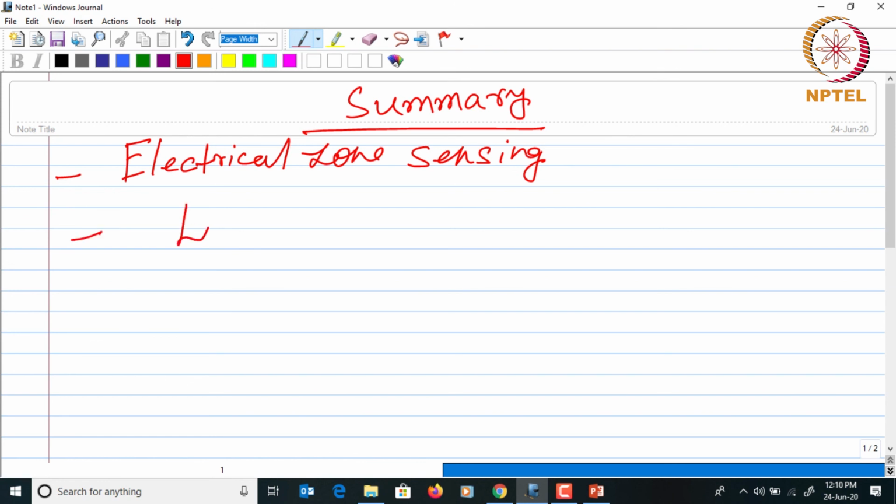Then we talked about light blocking, which is similar to the electrical zone sensing technique, but in this case, instead of the conductivity, the change in light intensity is captured, and from that the particle size is correlated to that intensity change, and the size of the particles is obtained.